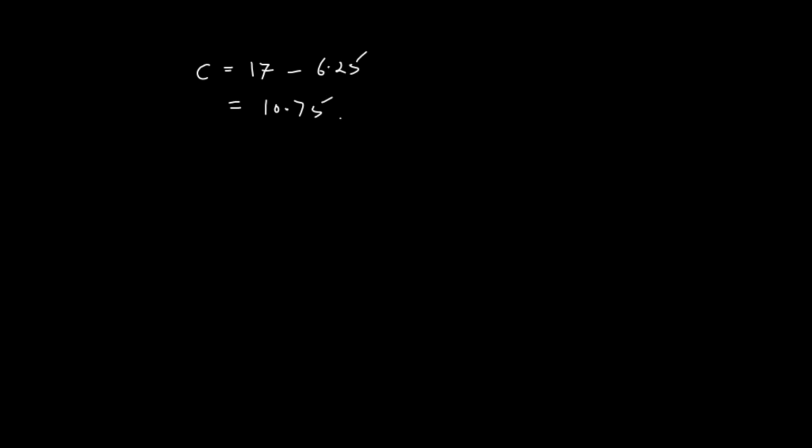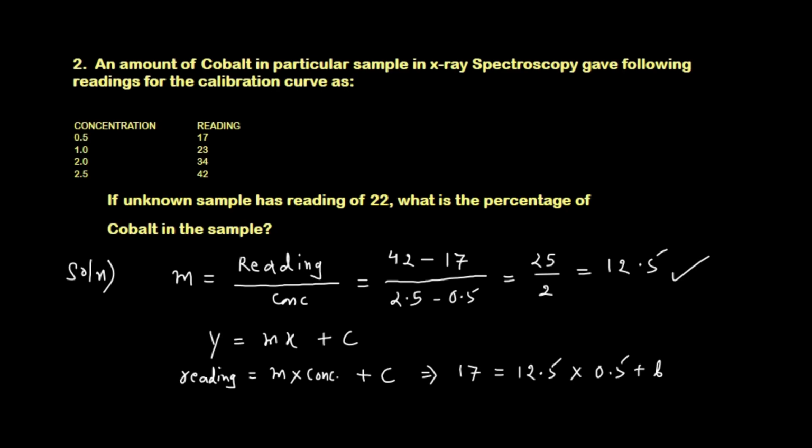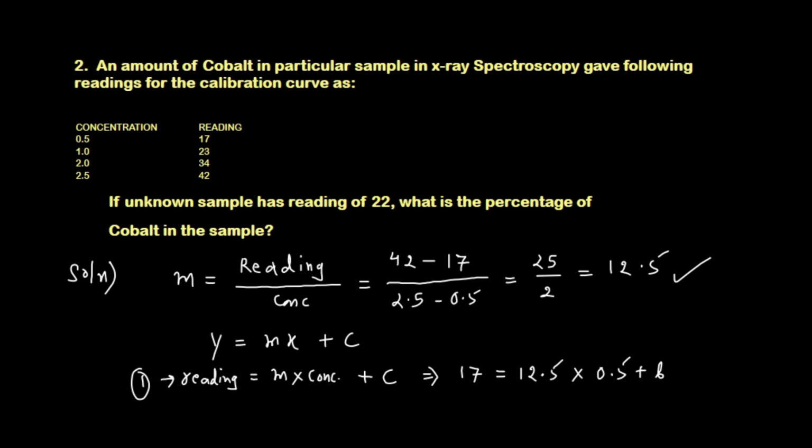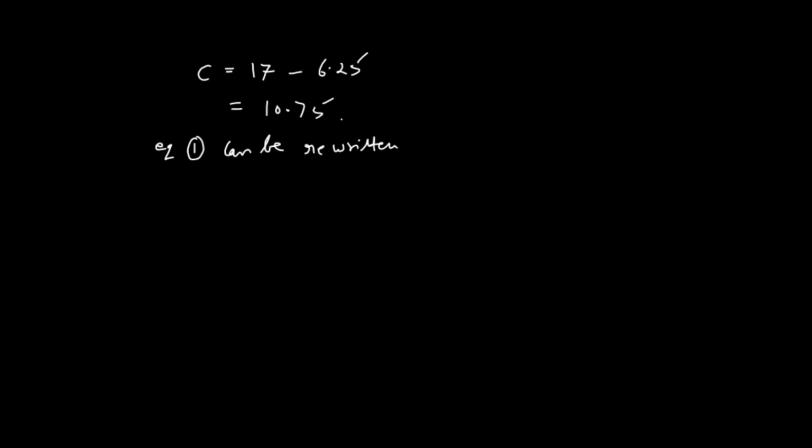So therefore the equation 1 can be rewritten as, right? Where was the equation 1? If I go back, this equation is the equation number 1, and this can be rewritten as: reading equals 12.5 multiplied by the concentration plus your value of C, which is 10.75.